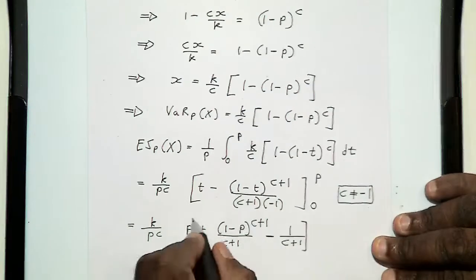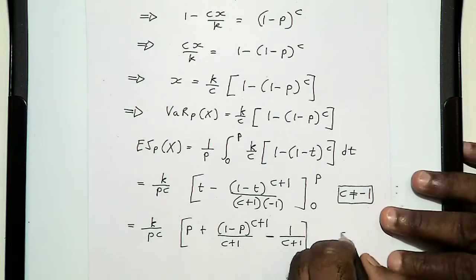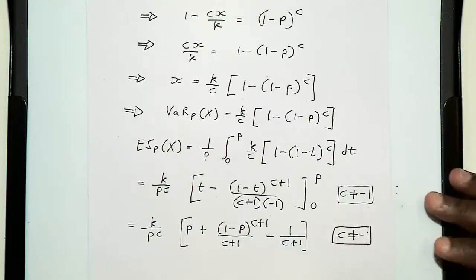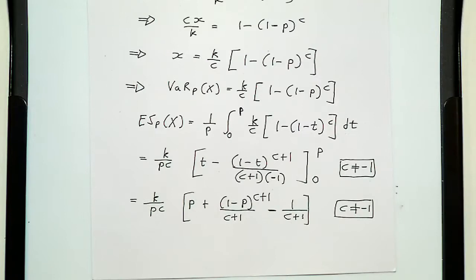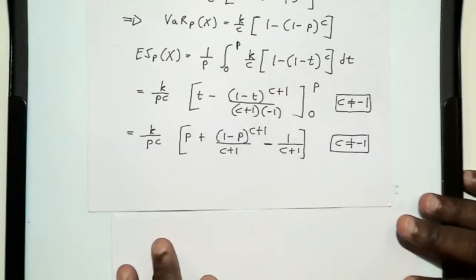So this is the expression if C is not equal to -1. Okay. Now, if C is equal to -1, then the answer will be different, right? Let me show you.